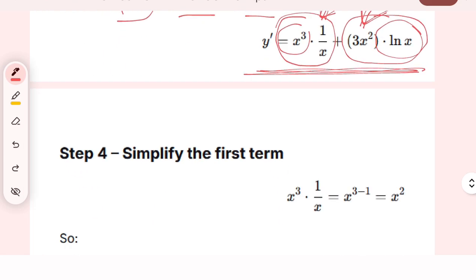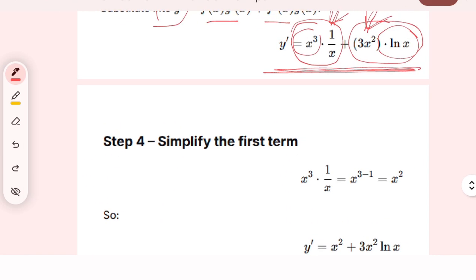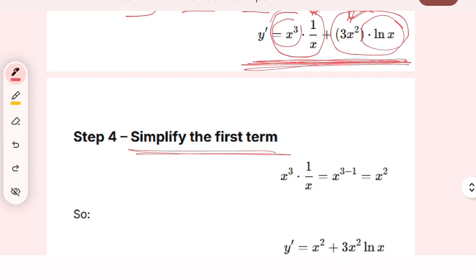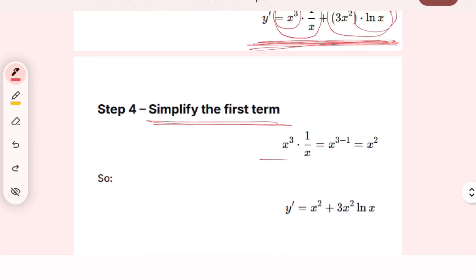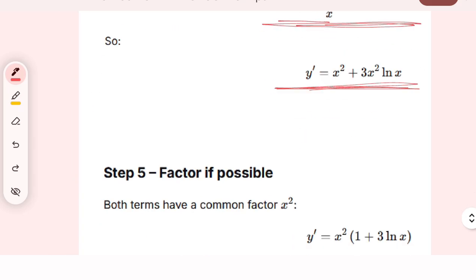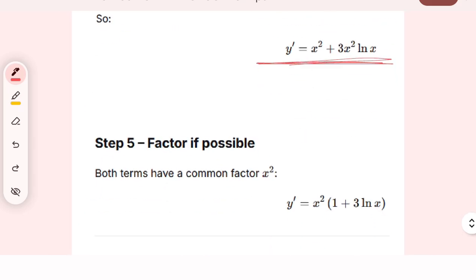Once you have put everything in the product rule, the next step is to simplify. Multiply, and when you simplify it, it comes up with something like this. Now that we have simplified, we can factor it if possible.